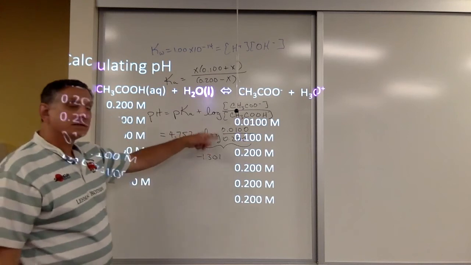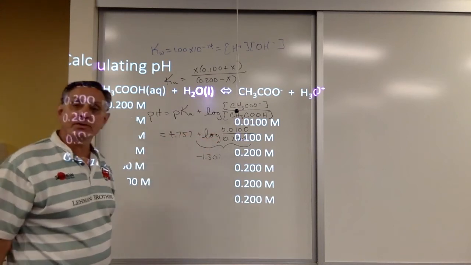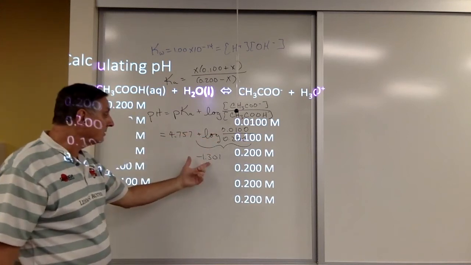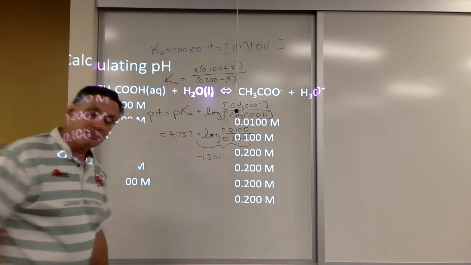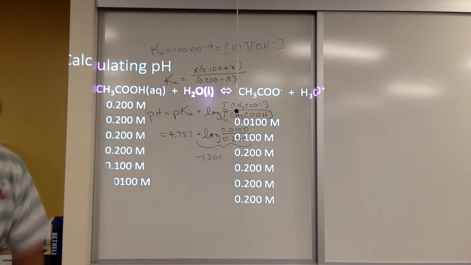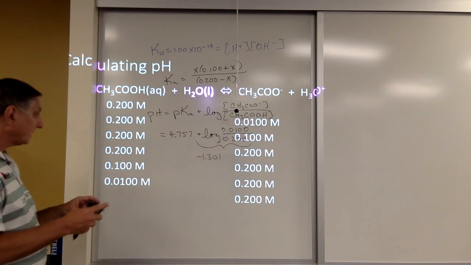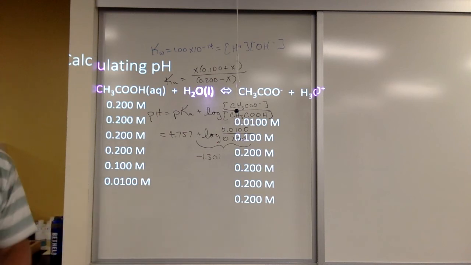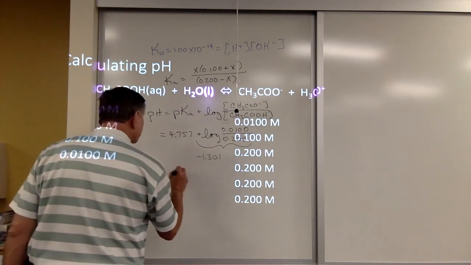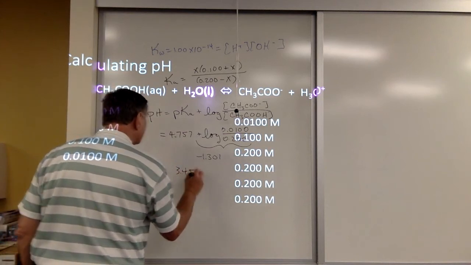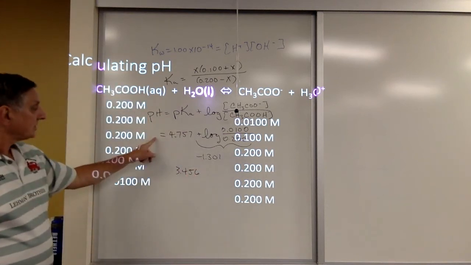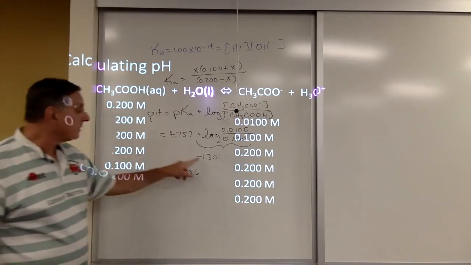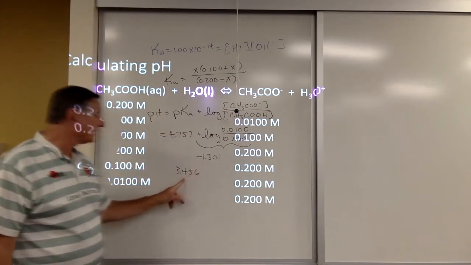This ratio is less than 1, so when you take the log of it, it's going to be a negative number, minus 1.301. So the pH is 3.456. The pH is 4.757 minus 1.301 to give us this.